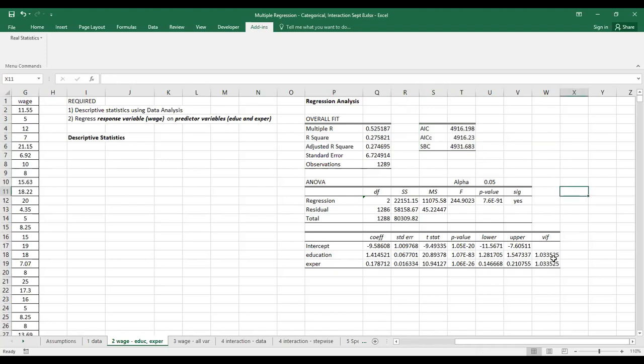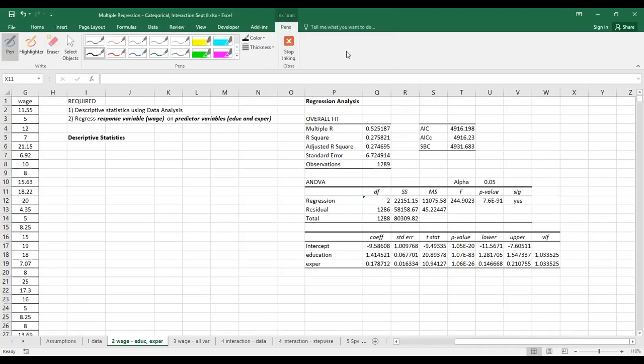Okay, so what's our model, guys? Okay, very quickly. Okay, tingnan natin. Okay. So ang adjusted R squared natin is 27%, di ba? Ano ibig sabihin nitong 27% na to?